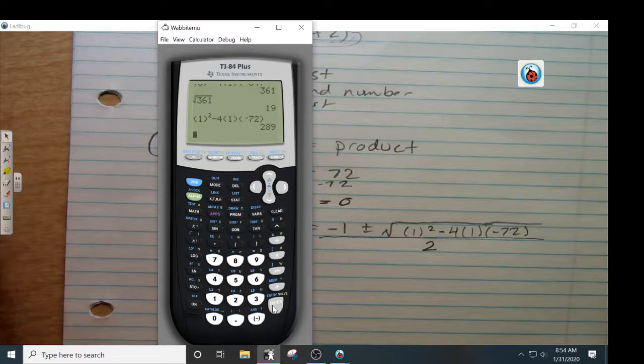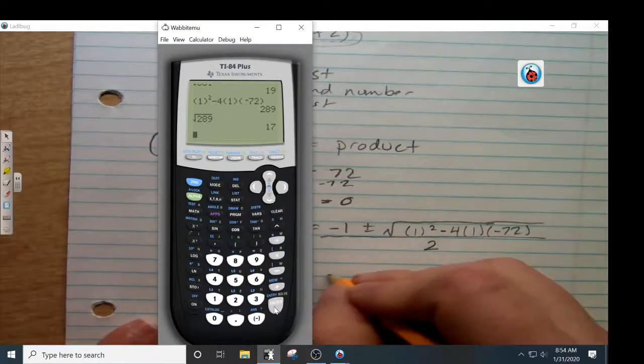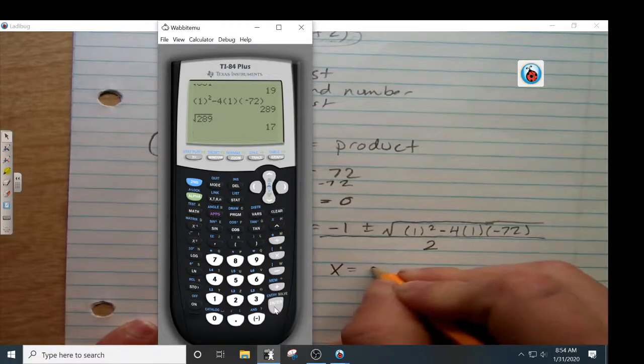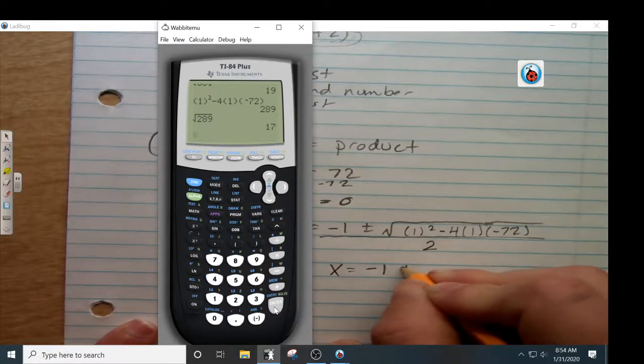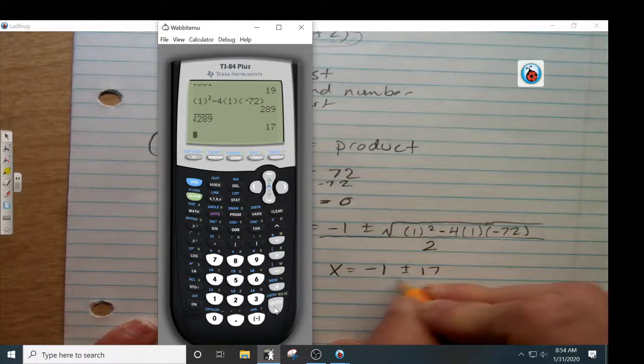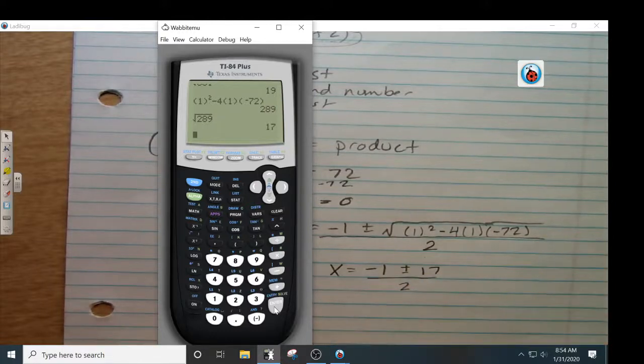That's 289, okay? So now, I need to see if 289 is a perfect square. So I'm going to do second x squared and pull up my square root button. 289. It is 17. So what we have is this: x equals negative 1 plus or minus 17, divided by 2.